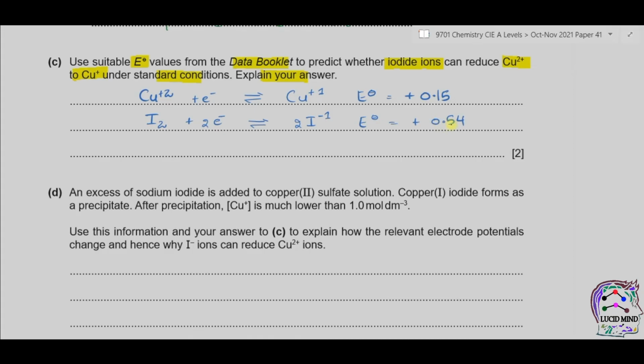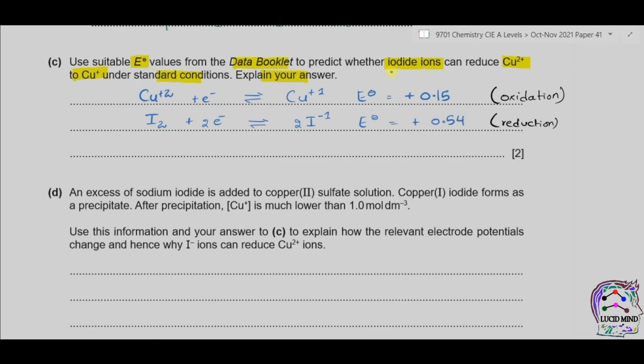Now as the electrode potential value for iodine is greater, a greater positive value means the direction will be forward, or there will be reduction. And if there is reduction on the iodine side, then there will be oxidation on the copper side, because a less positive electrode potential value means that oxidation will occur rather than reduction.